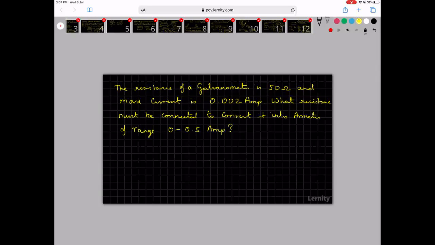This is a 2019 JEE Mains question. One effort, within 2 minutes, give me an answer. Very simple question. The resistance of a galvanometer is 50 ohms and max current is 0.002 ampere. What resistance must be connected to convert it into an ammeter of range?